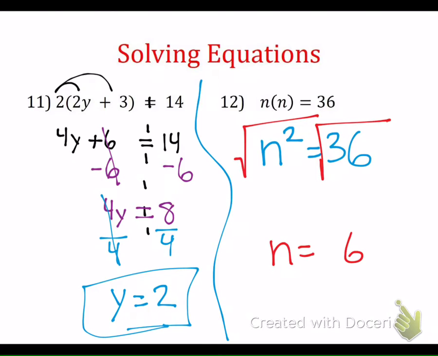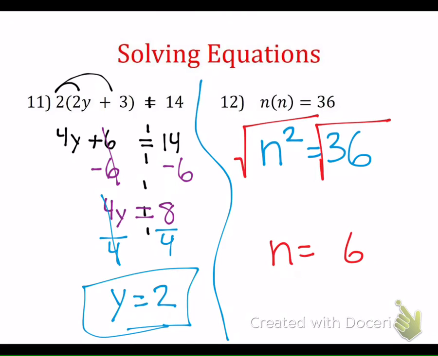Hold on. Wait a minute. Would I be making this ridiculous face if we were done? No. Hold on. Wait a minute. Negative 6 times negative 6! I knew someone would do it.